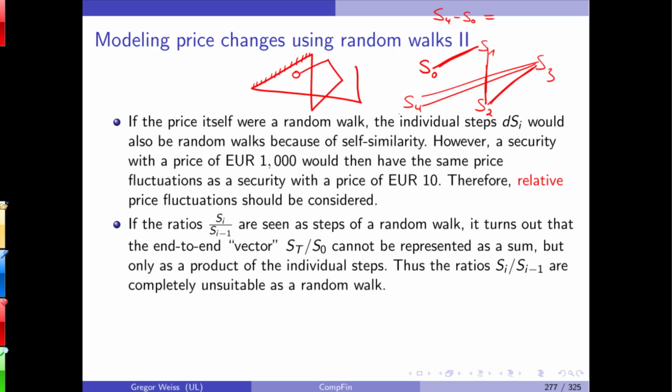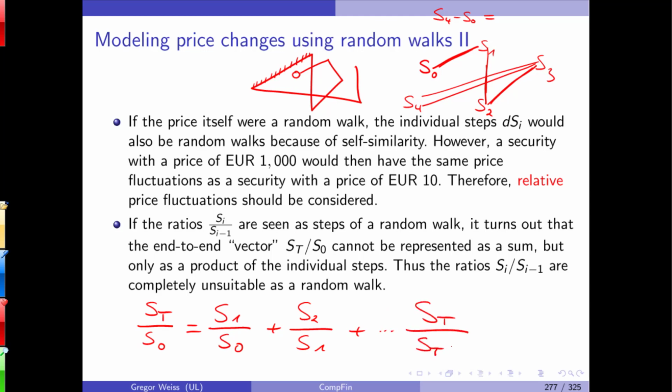Let me just write this out for you: ST would have to be the same as S1 through S0 plus S2 through S1, and this is not the case. So discrete changes modeled by random walk doesn't work.